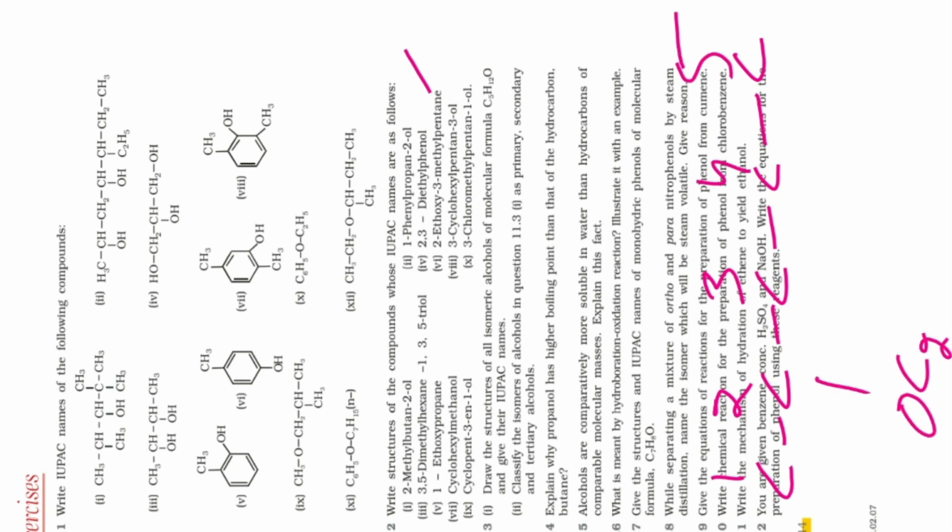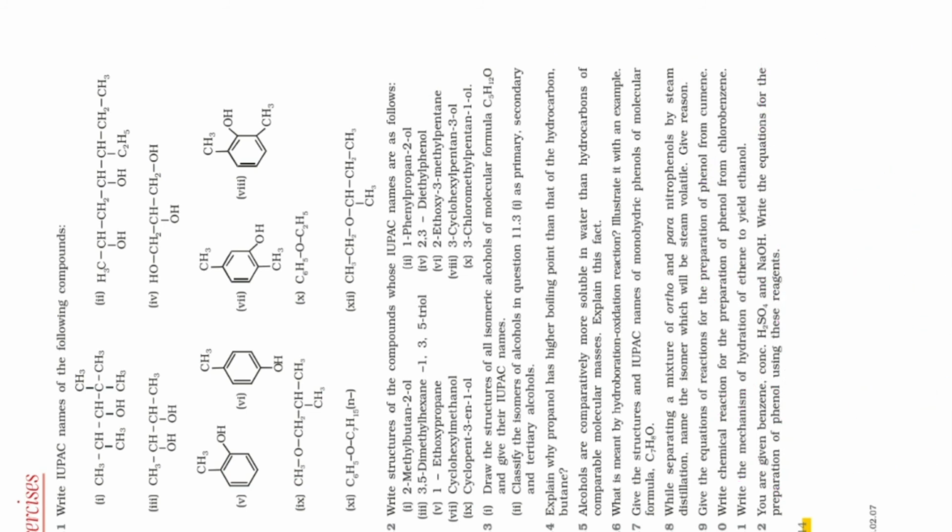Okay, then next one is 2-ethoxy 3-methyl pentane. First of all write on the carbons 1 2 3 4 and 5. 2 पे क्या है? Ethoxy, OC2H5. 2-ethoxy है. 3 भी क्या है? Methyl. Is that clear? Yes or no? Okay, then after that you must see the next one.